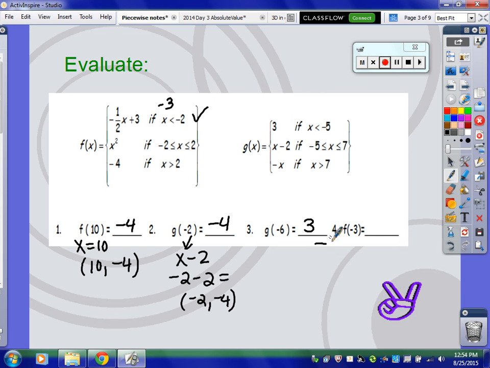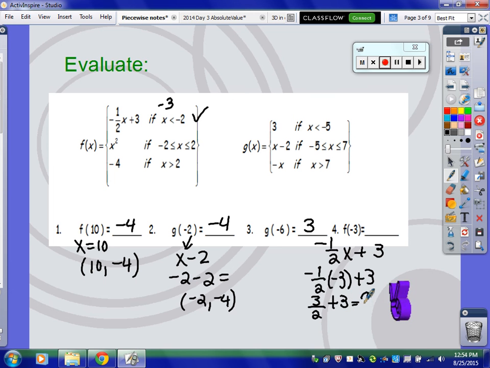So I'm going to have -1/2 x plus 3, and we're going to plug -3 in for our x. Do that math. We're going to get 3/2 plus 3, which equals 9/2. 9/2, 4.5, all acceptable answers. Okay, so that's evaluating.